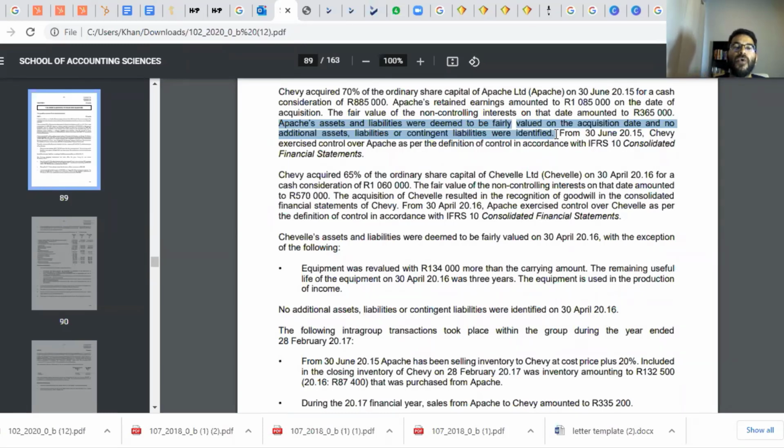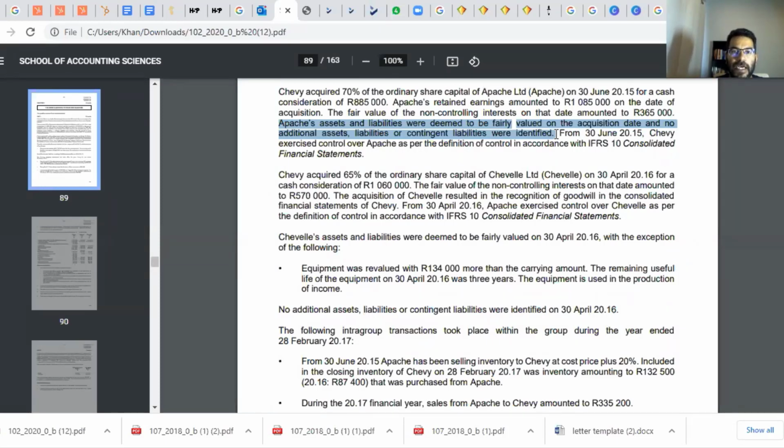They will generally always tell you that, just to meet point number three in terms of IFRS 3. So just keep that in mind. You will see in the next one, they'll say that same sentence, and then we'll just have a comma and say except for. So just be aware of that.